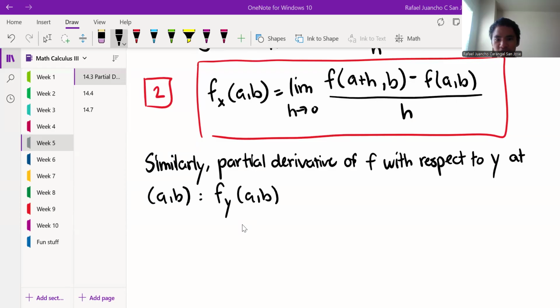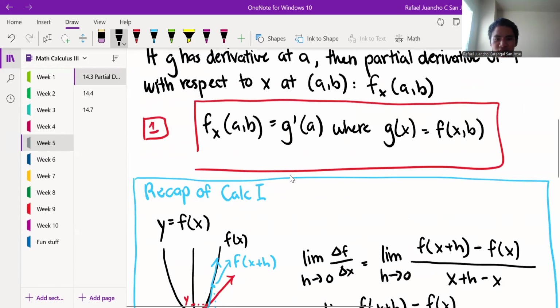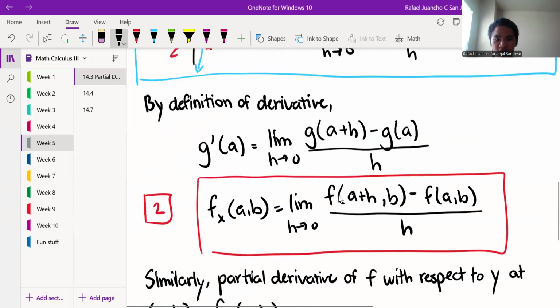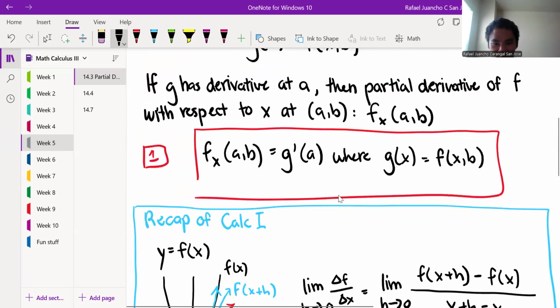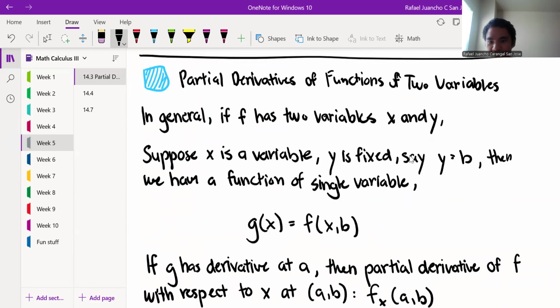So here we keep x fixed, and we find the ordinary derivative at b. From the previous one, we keep y fixed, but here we keep x fixed. Did I say that? Oh, I did say it.